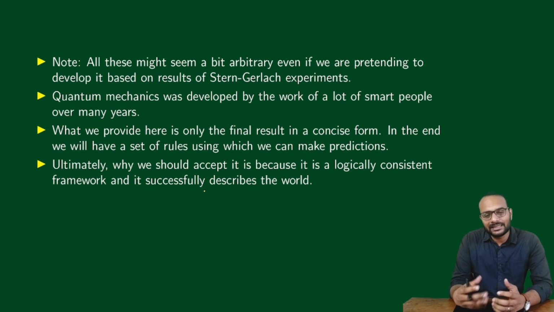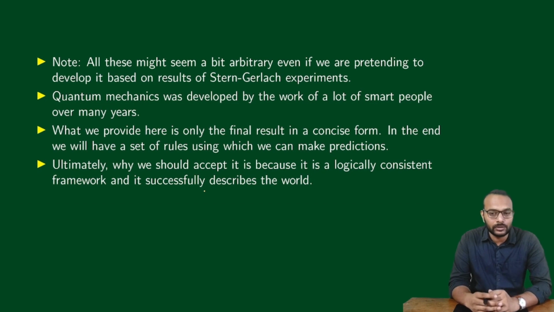Based on the Stern-Gerlach experiment, we can talk about vectors to represent states, but then observables to represent operators seems more abstract and more arbitrary. Now, there is no surprise if you are a little bit confused and a little bit disappointed at this moment. The reason is that quantum mechanics was actually developed by the work of a lot of really smart people.